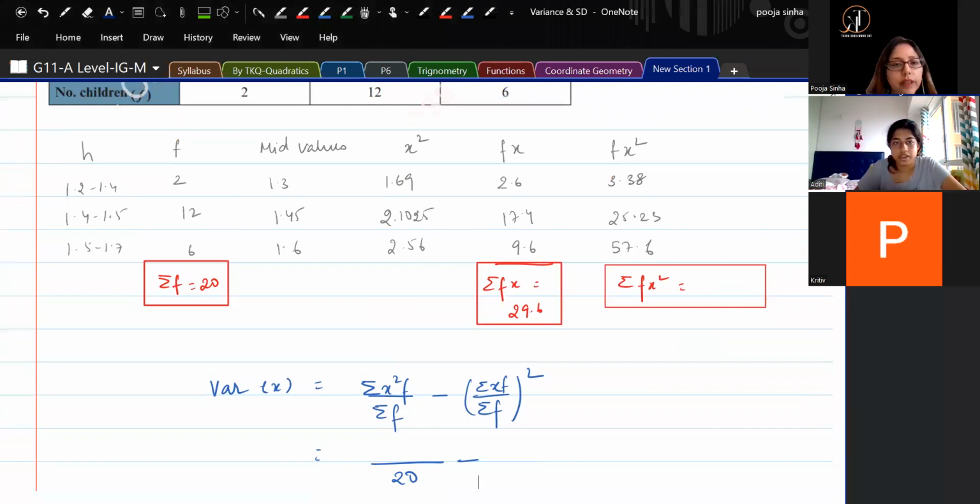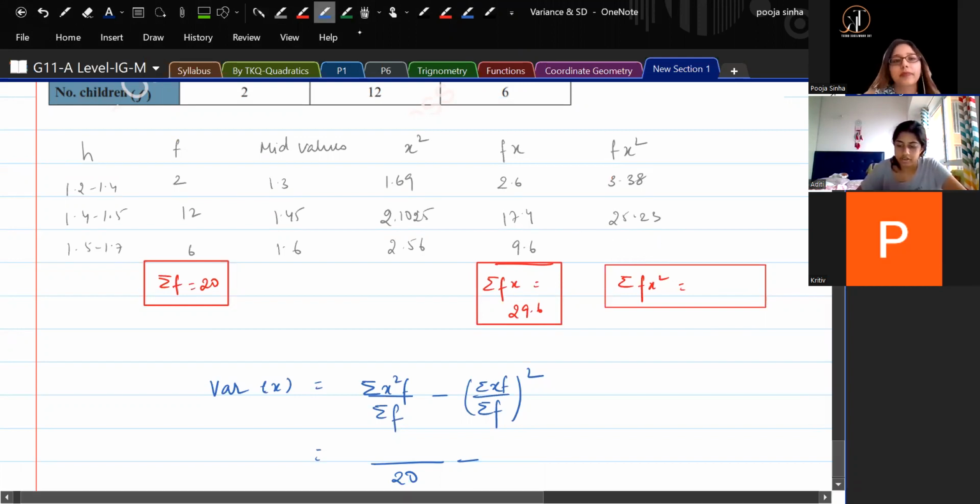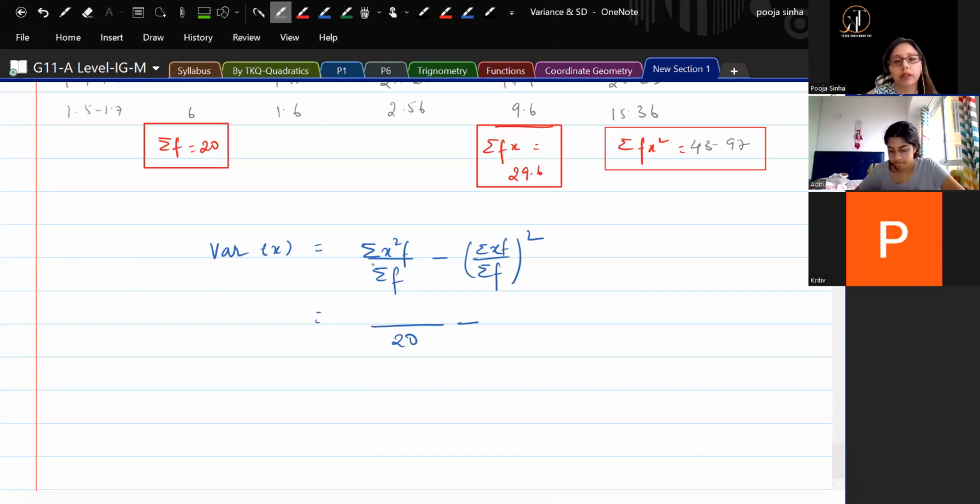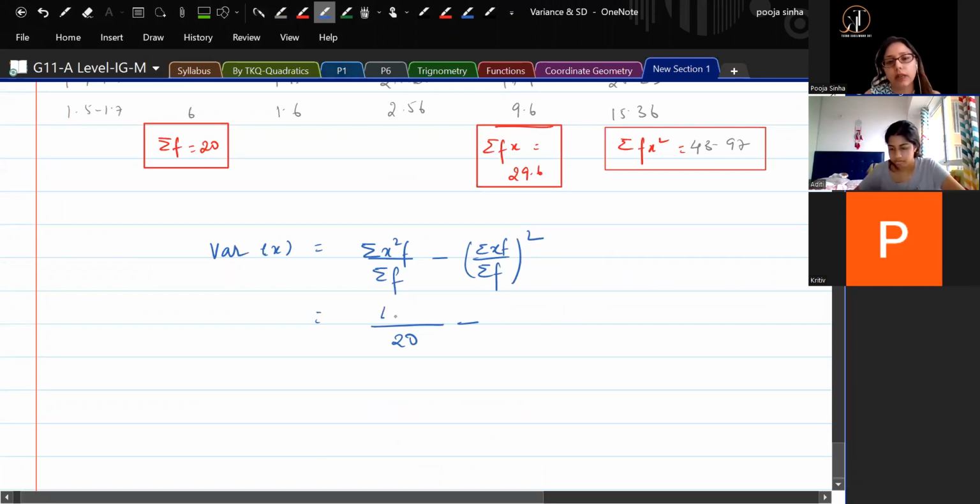It should be 2.56 into 6, right? Yeah, it'll be 15.36. That will be in this case 43.97. And sigma fx square कितना आ रहा है? It'll be 43.97. 43.97 है ना? Yeah. So now straight away plugging in the values.